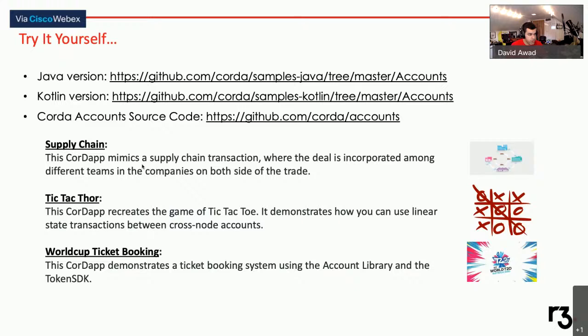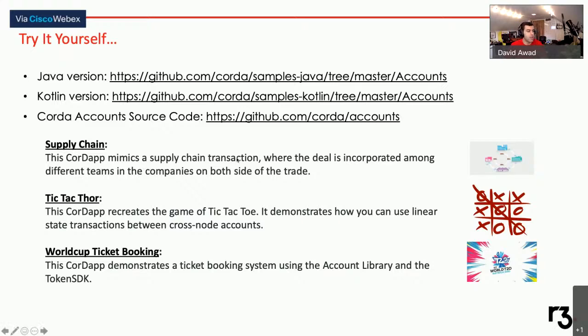Then there is Tic Tac Thor, made by one of our good friends in the office named Thor. This CorDapp essentially lets you recreate a game of tic-tac-toe. It demonstrates how you can use linear state transactions between cross-node accounts. And then we have a World Cup ticket booking example, which is a demonstration of how you might build a ticket booking system using the accounts library and the Corda token SDK.